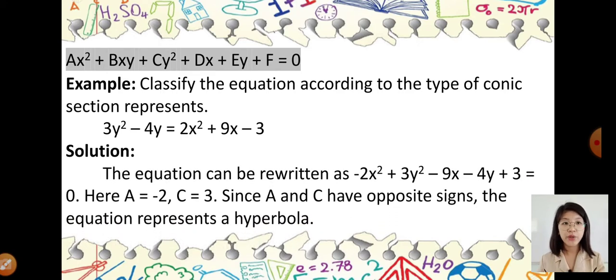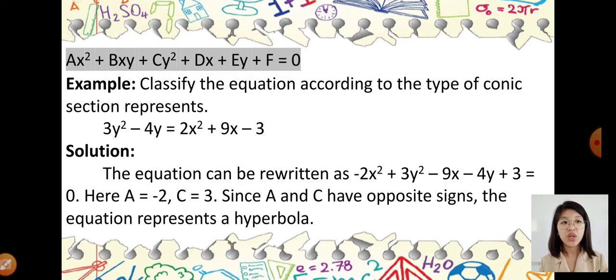So, ano munang gagawin natin? The equation can be written as negative 2x squared plus 3y squared minus 9x minus 4y plus 3 is equal to 0. So, ano nangyari? Yung example natin, yung sa equation, in-equate natin siya sa 0.